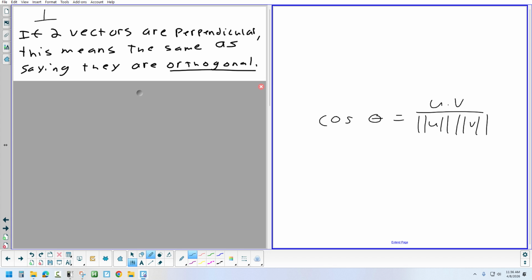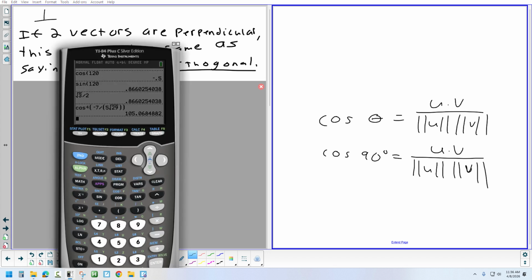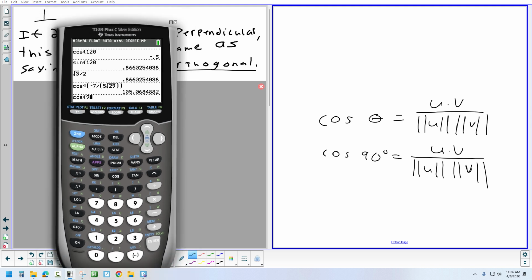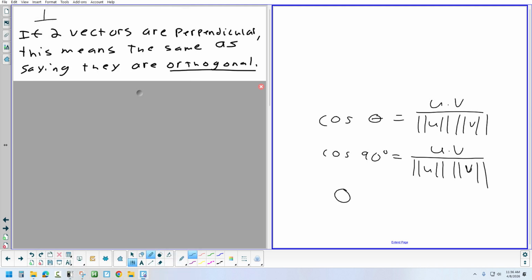So let's fill in a 90 here and see what happens. Cosine 90. Cosine of 90 comes out to 0. So if two vectors are perpendicular, we would end up with a 0 on the left side of our formula.